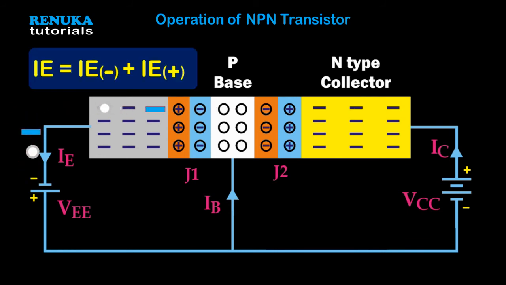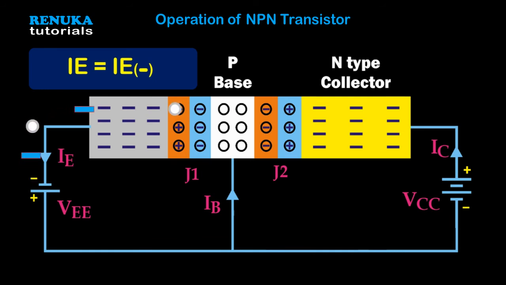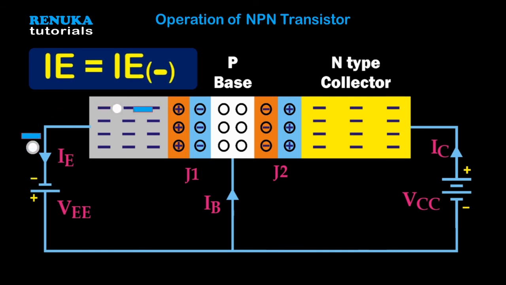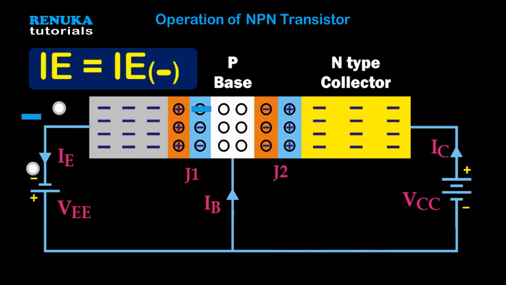So the net current in the emitter will be due to both charges, the current due to the electrons plus the current due to the holes. As the current in the base due to holes is very less, as holes are minority charge carriers, the hole current is negligible. So all the current in the emitter can be considered as the current due to the electrons only.